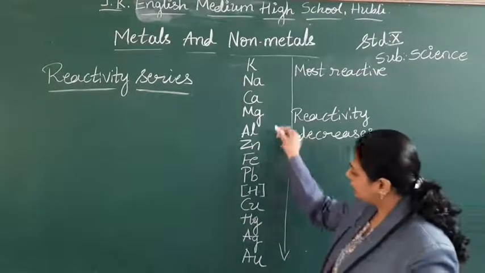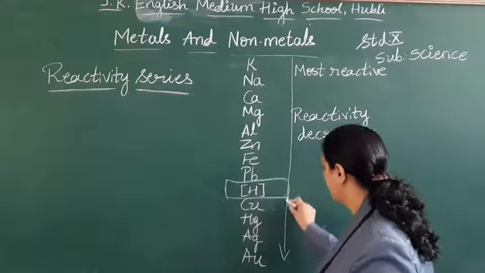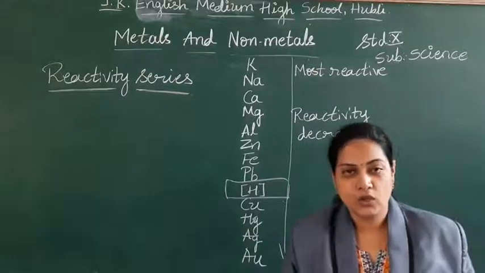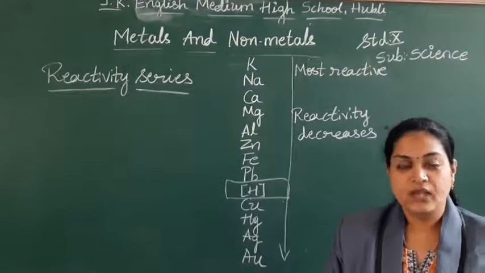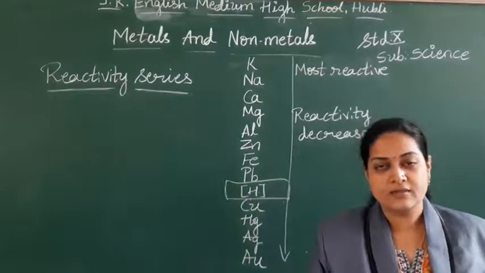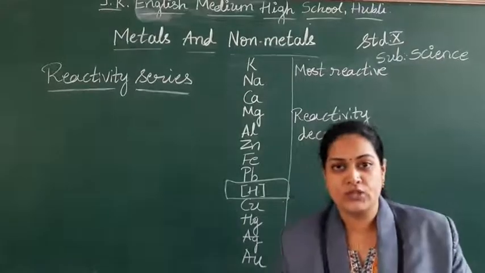Next, as you are coming down, here is one special case, students, that is the hydrogen. As you know, actually hydrogen is one of the non-metals. Then why are we adding it under the activity series of metals? Because this hydrogen has some special features.